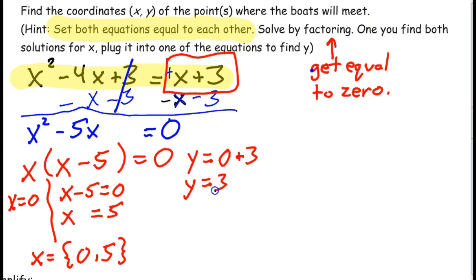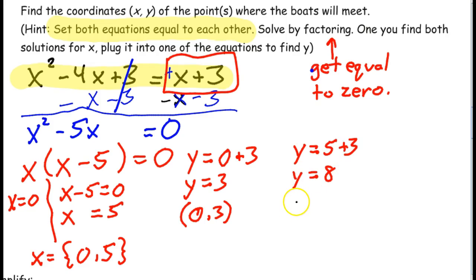So y will equal 3 when you plug in 0. So one intersection should be 0, 3. And if I plug in 5, y equals 5 plus 3. So we get y equals 8. So my other point will be 5, 8. I could have plugged it into the other one and gotten the same numbers, 3 and 8, but this is a little bit easier.